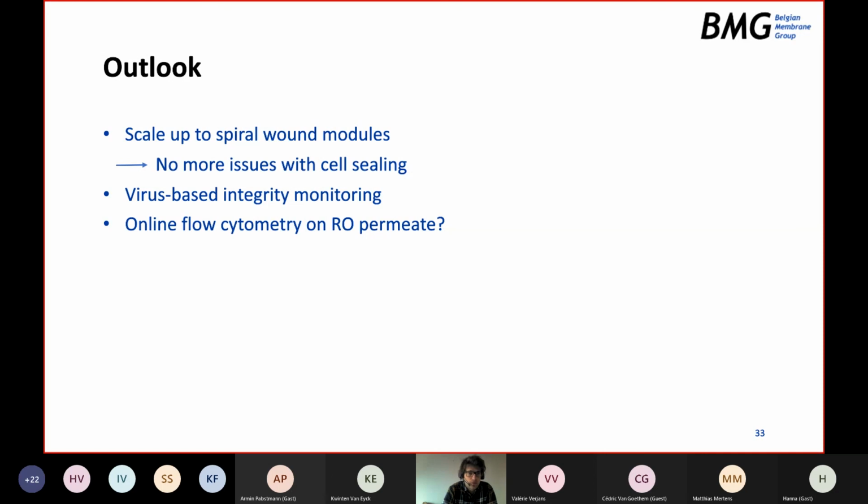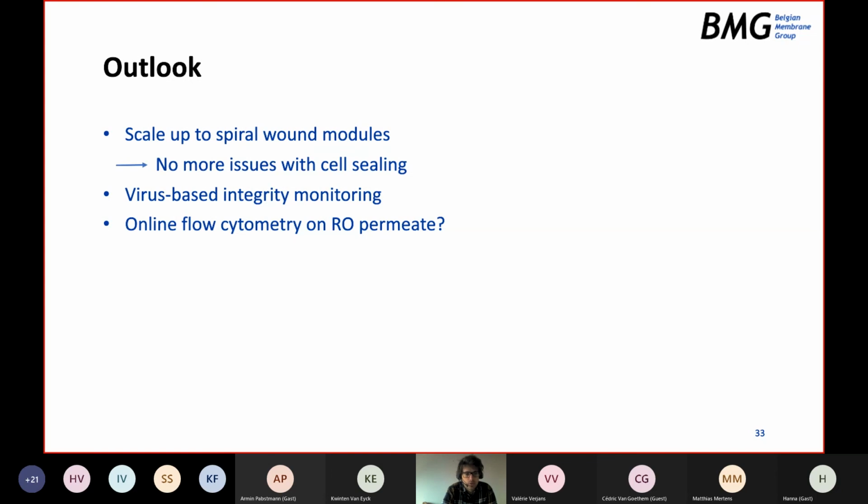If we do find contrast between lab scale setups and spiral wound full scale setups, this does have a significant impact for lab research, because if you're doing some sort of benchmarking or prototyping tests, you might go to these small setups.